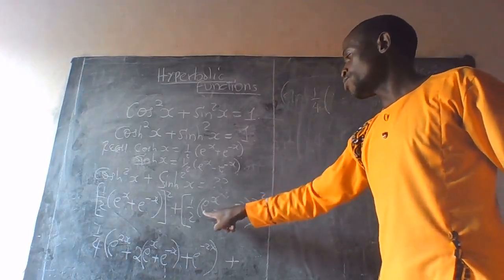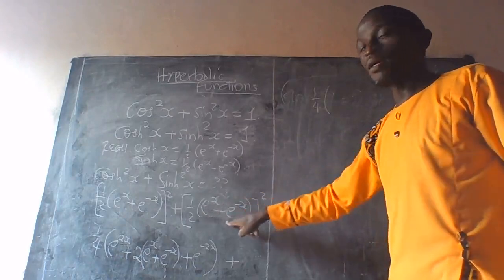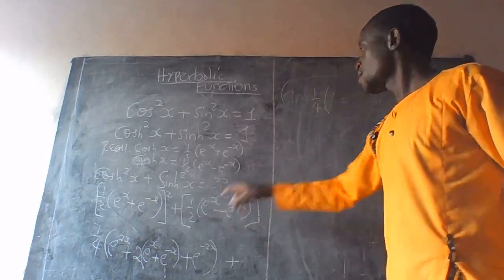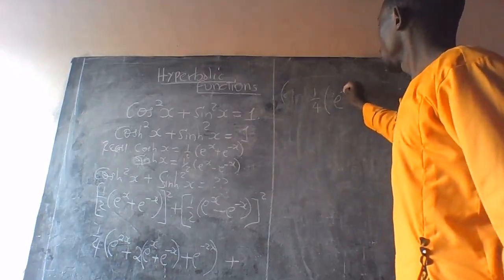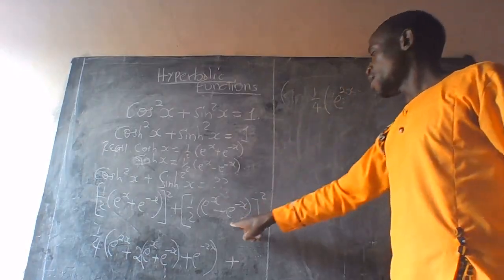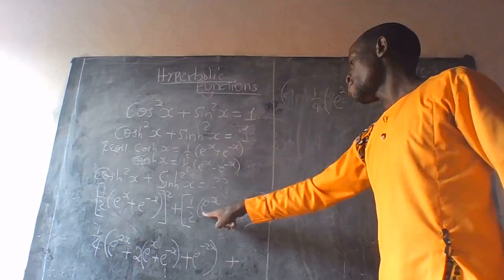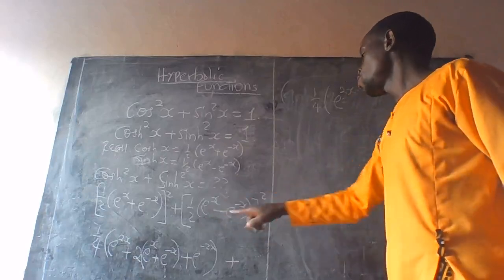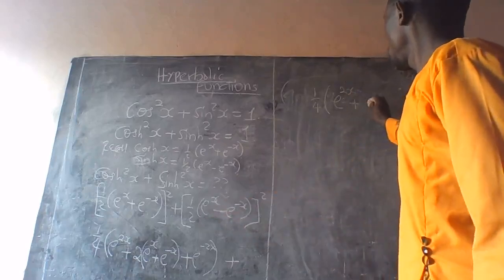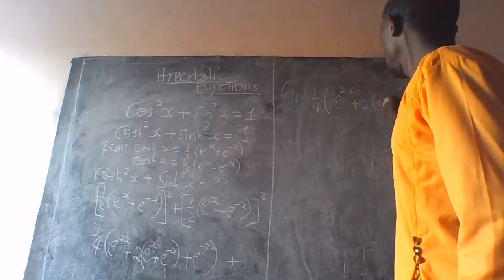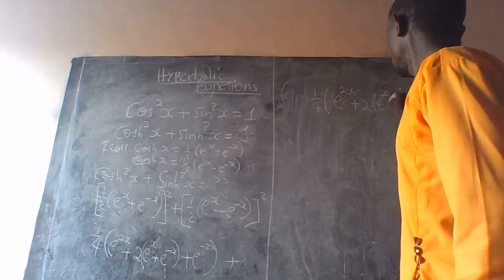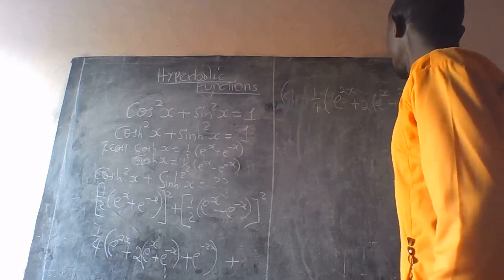When you're squaring a number like this one, you square the first bit. That's going to be e^(2x). Then you add to the sum of the two numbers, that is going to be plus 2 e^x minus e^(-x).